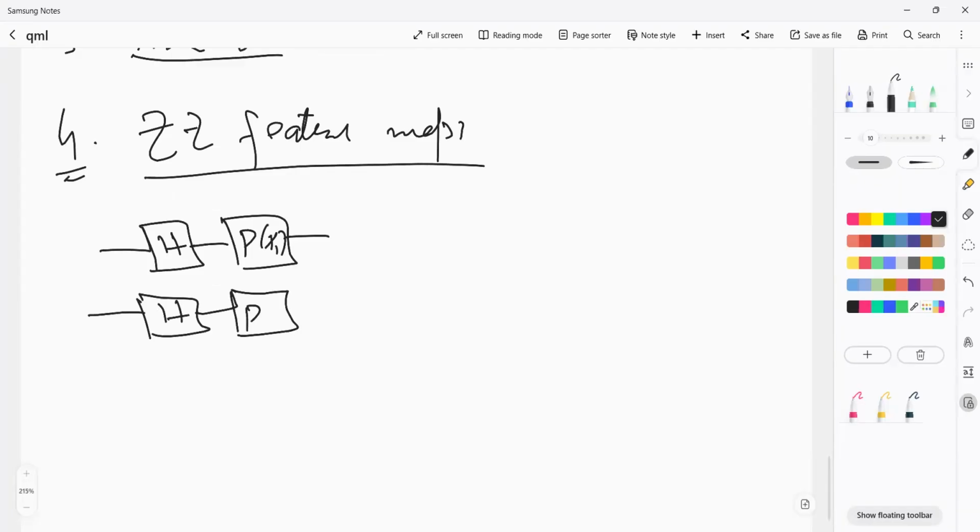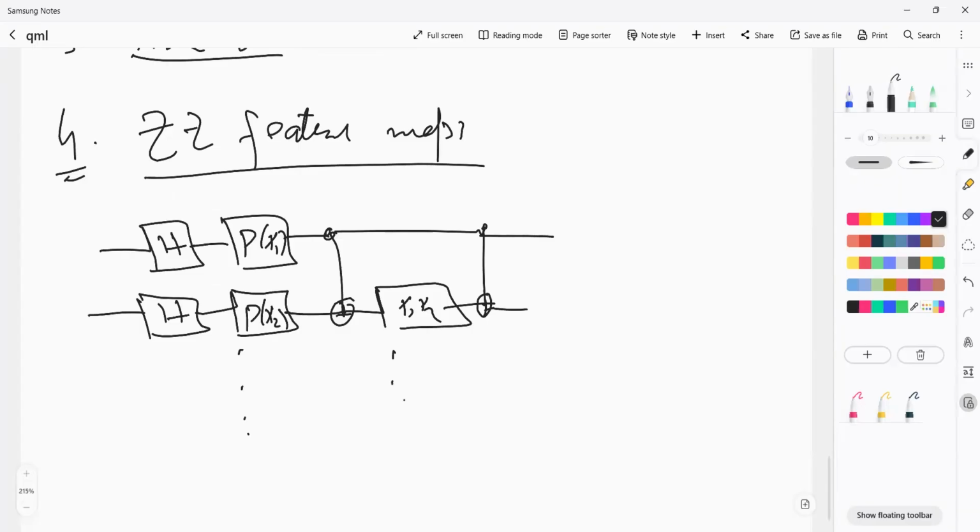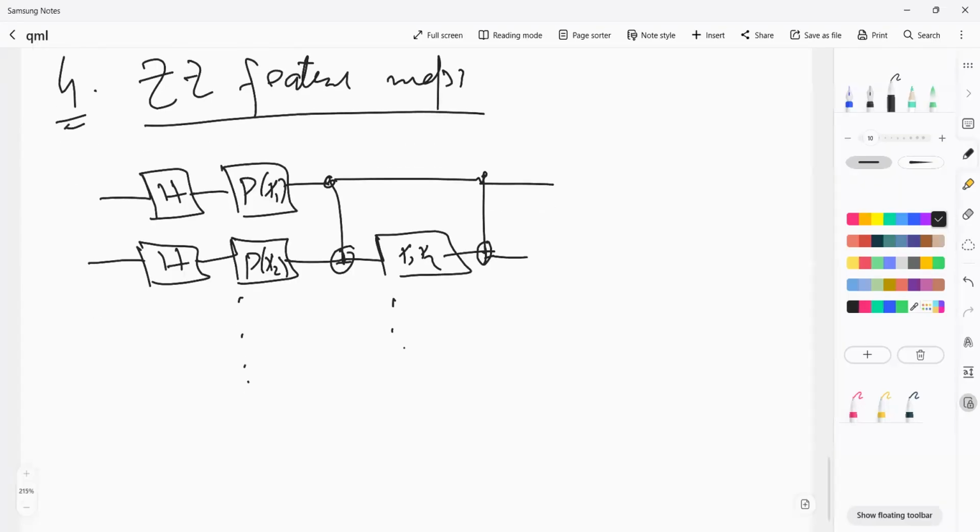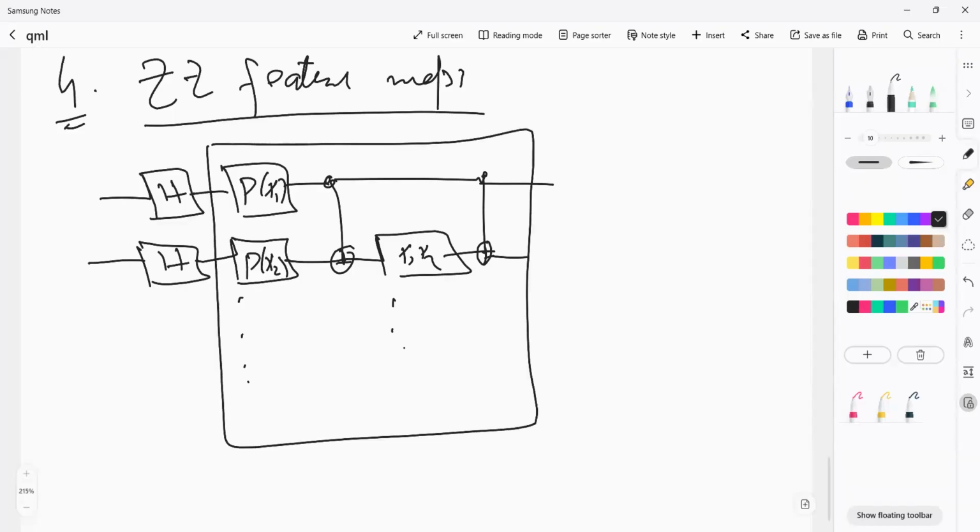This depended on x1, x2, and so on. And then there was this ZZ gate that depended on x1, x2, and other things. Let me call whatever this is some V phi.